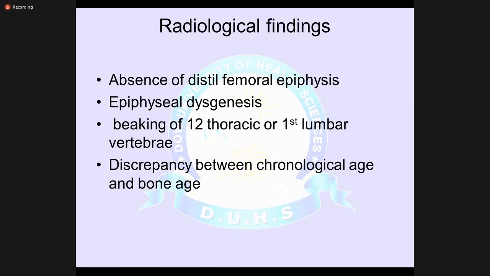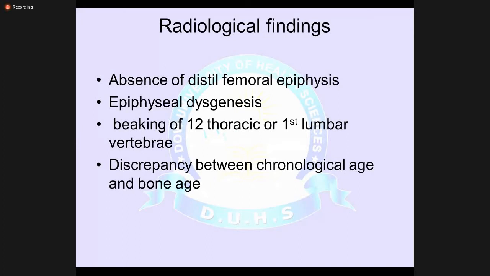So if someone asks you that there is no laboratory facility available in the village where you are working, but an X-ray facility is available, how can you diagnose congenital hypothyroidism? You will say, fine, I would have loved to have the serum T4 level and the serum TSH level.